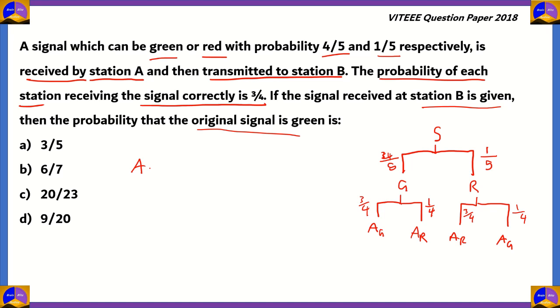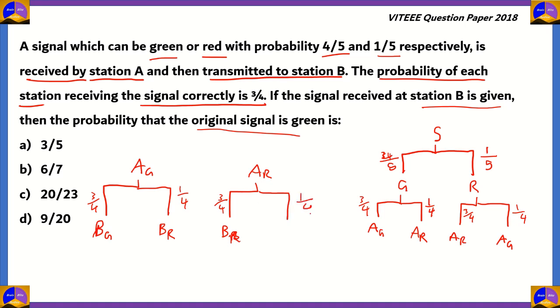So if you have A green, you have a 3 by 4th chance of receiving the signal green at B, and a 1 by 4 chance of receiving signal red at B. And similarly for A red, 3 by 4 of the time the signal that B receives is red, but 1 by 4th of the time the signal that B receives is green.